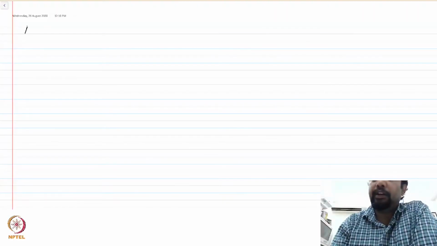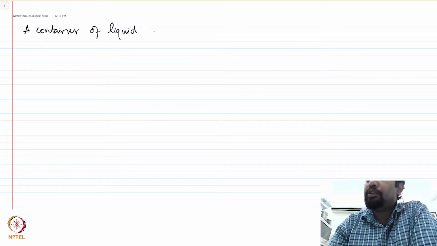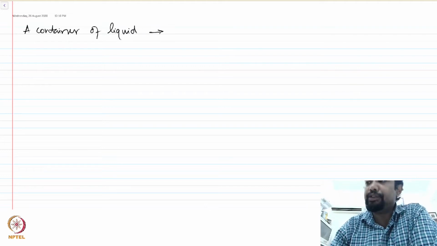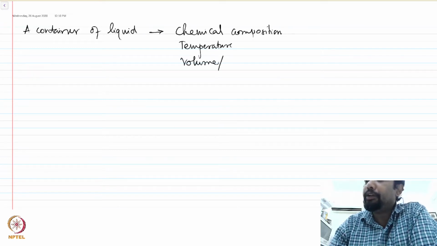So, if I take, for example, a container of liquid, the typical questions that you can ask are the chemical composition, the temperature, volume, density, pressure.